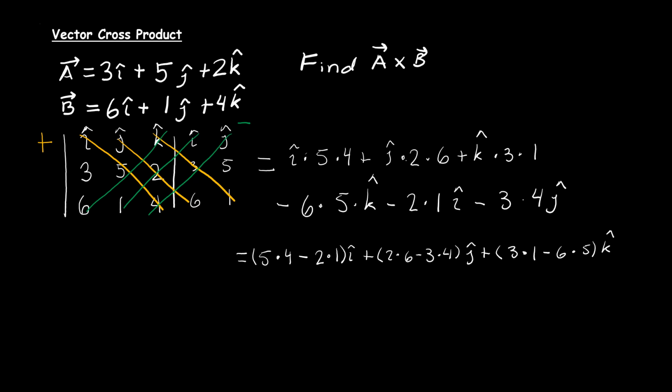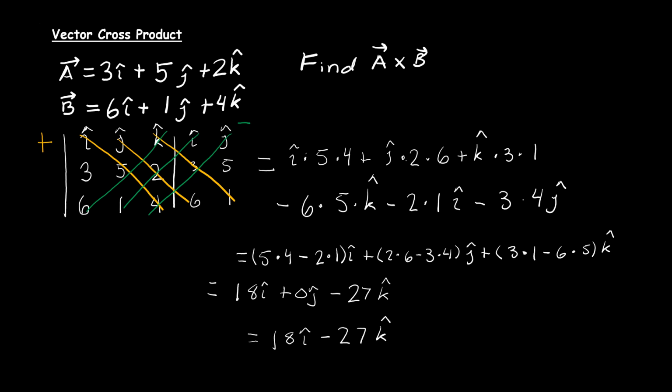All right. So combining these, it's 20 minus 2, so 18 i hat, and then 12 minus 12 is 0, so plus 0 j hat, and then we have 3 minus 30, so minus 27 k hat. So I simplified this a little bit: 18 i hat minus 27 k hat.